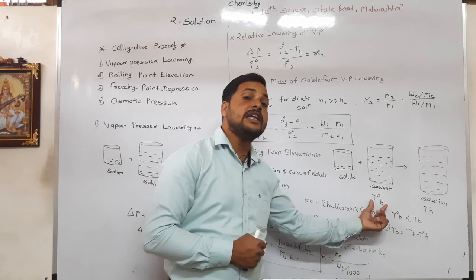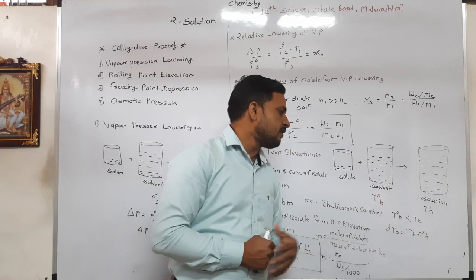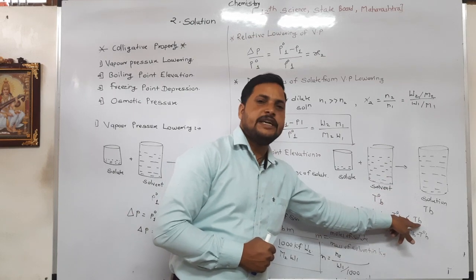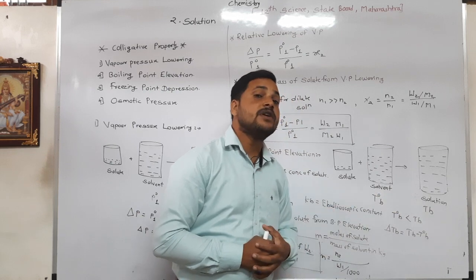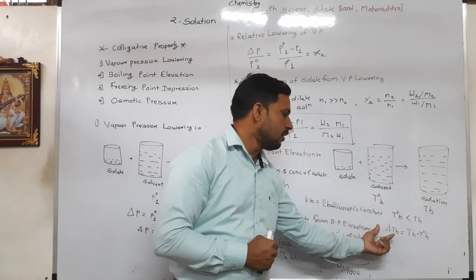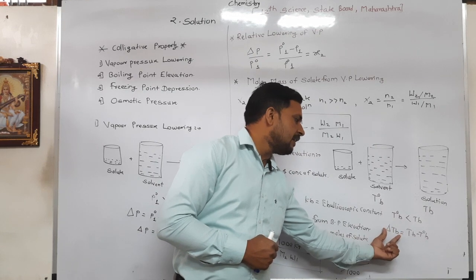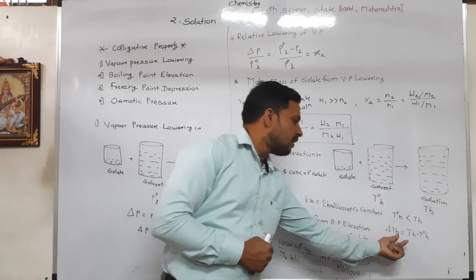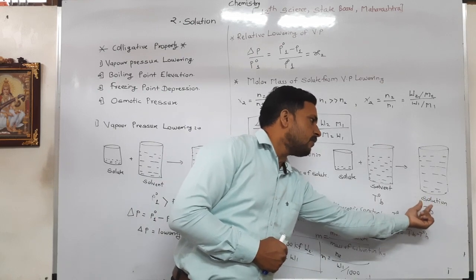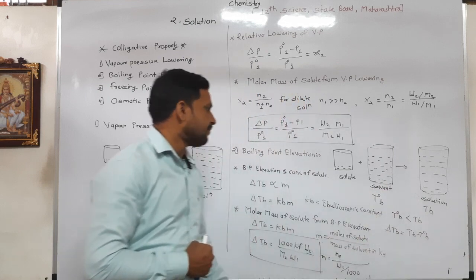T0b is the boiling point of solvent, Tb is the boiling point of solution, meaning the boiling point of solution is greater than the boiling point of pure solvent. The elevation in boiling point is calculated as delta Tb is equal to Tb minus T0b, because the solution boiling point is greater than the pure solvent.